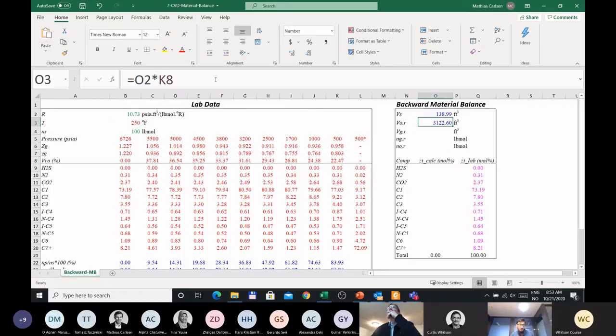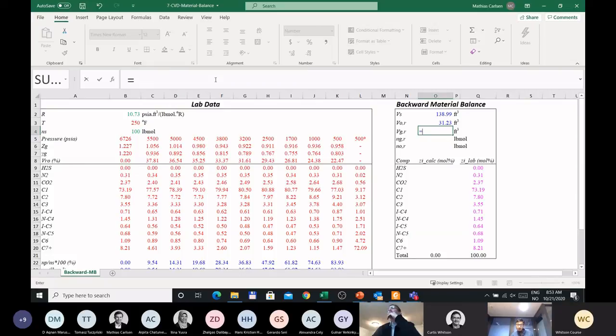Because this VRO is in percentage, we just have to divide it by 100, and that's 31 cubic feet. So out of 138 cubic feet, there is 31 cubic feet of the oil at 500 psi.